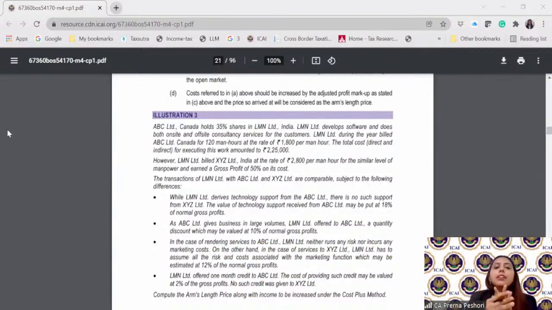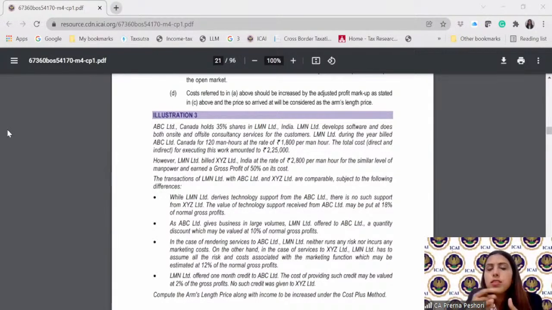ABC Limited Canada holds 35% shares in LMN Limited. LMN Limited develops software and does both on-site and off-site consultancy services for the customers. LMN Limited during the year billed ABC Limited Canada for 120 man-hours at the rate of rupees 1800 per man-hour.